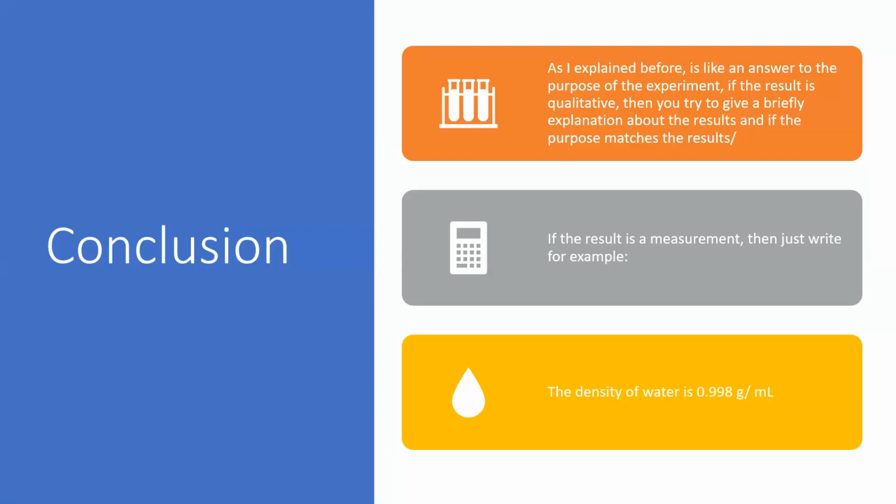But if it is a qualitative result, then you can say the color of the flame when the cation introduced was sodium was yellow, and so on. Then it depends on whether in your experiment you are carrying out just observation because it's a qualitative experiment, or it is a quantitative experiment.